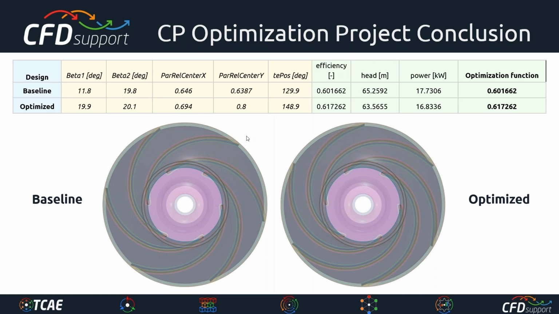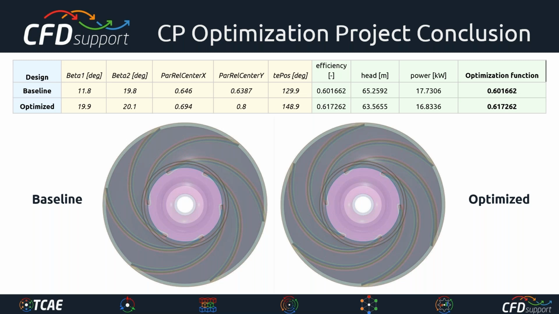As Radek mentioned, it was just the impeller and 5 parameters of this impeller, and the impeller was optimized for the efficiency. We wanted to make it very simple, so we just chose the efficiency to be the optimization function, and that's what we did.